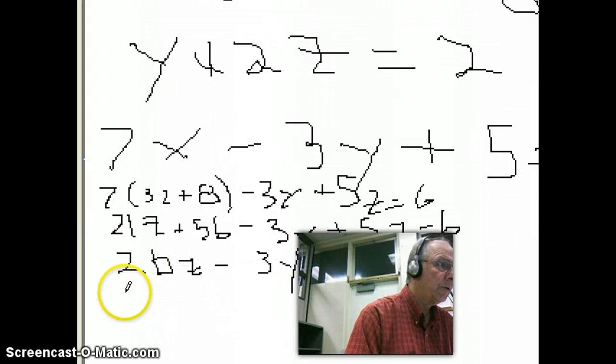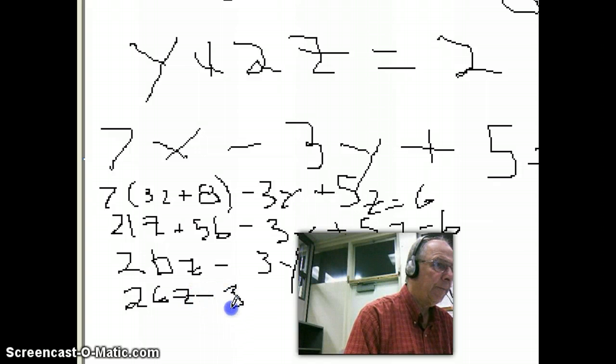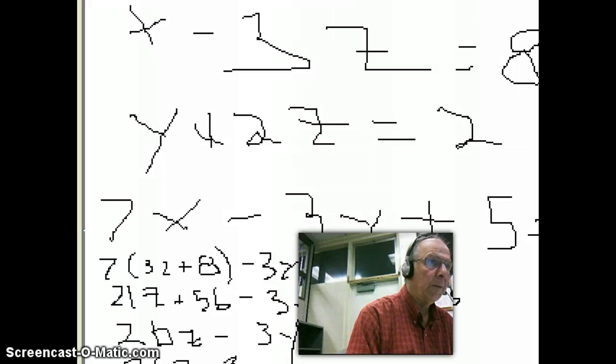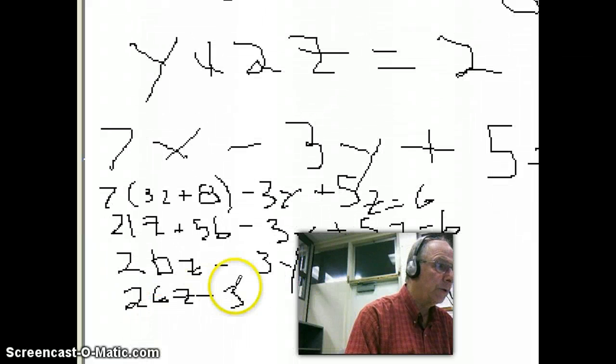Which gives us 26z minus 3 times (2 minus 2z) is equal to negative 50.